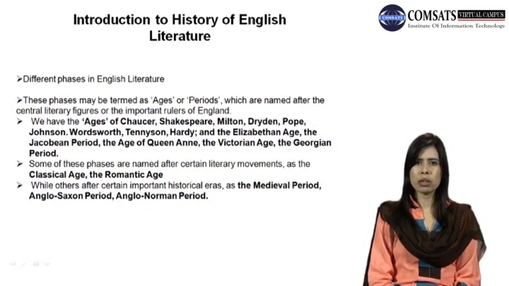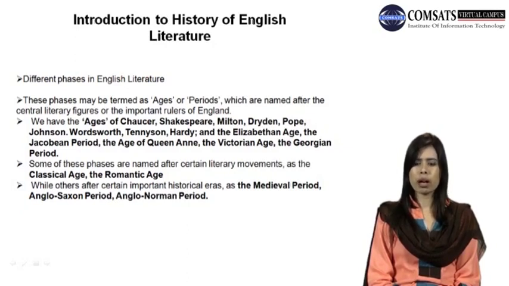So we'll talk about political factors which are involved in the history of English literature as well. The Victorian age, this is also one of the ages, and the Georgian period, the age of King George. Some of these phases are named after certain literary movements, for example, the classical age or the romantic age or the modern age as well.